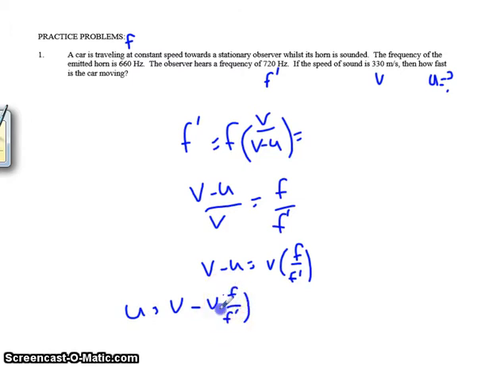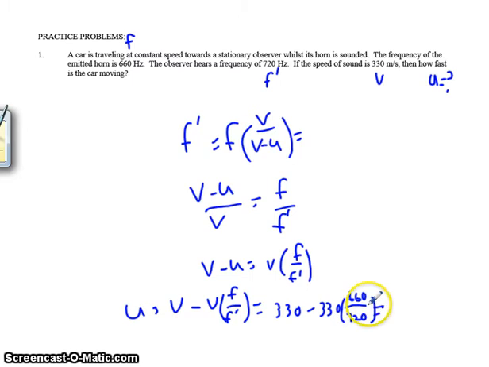If we do it all algebraically first, we can plug in the numbers. We have 330 minus 330 times the ratio of f to f prime, 660 over 720.